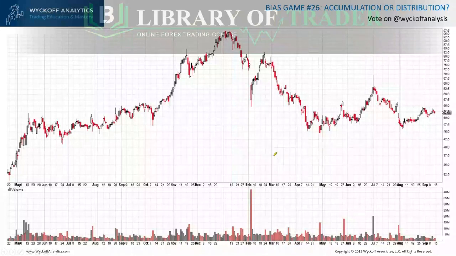As last time, we started going through the structure of the analysis. What is it that we want to do initially? We don't want to be caught up in the initial self-talk that we have, like this is accumulation or distribution.